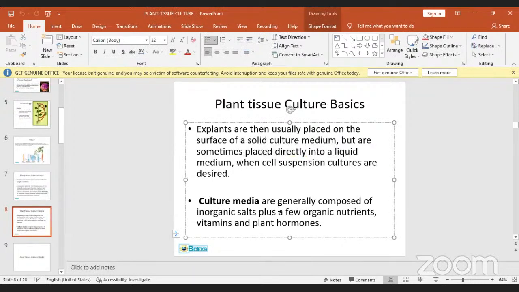The culture media are generally composed of inorganic salts plus a few organic nutrients, vitamins, and plant hormones. These are the requirements of the culture media.